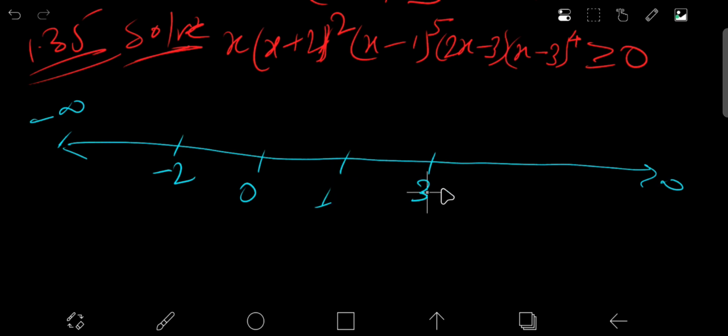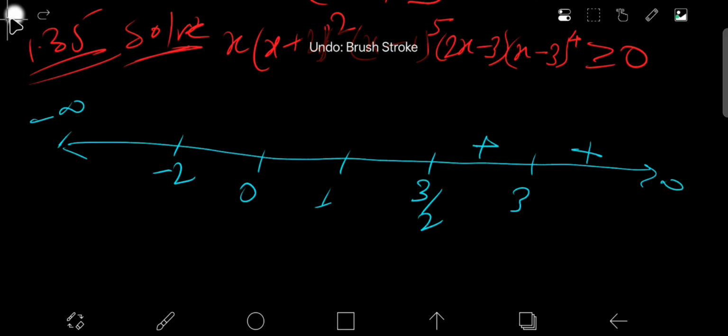In the rightmost we put plus. Now we see the power of this root is 4. Even means the sign stays, so the sign does not change from plus to plus. And for 3 by 2, the power is odd. Odd means the sign is changed.